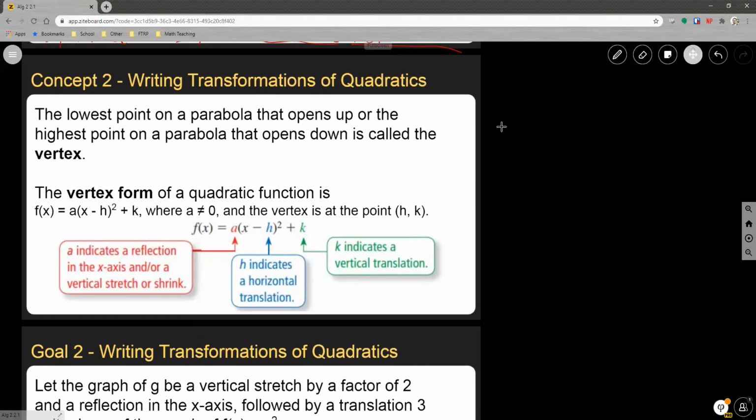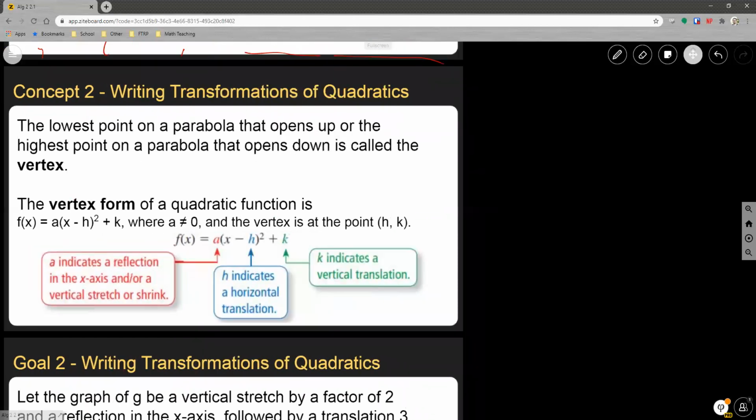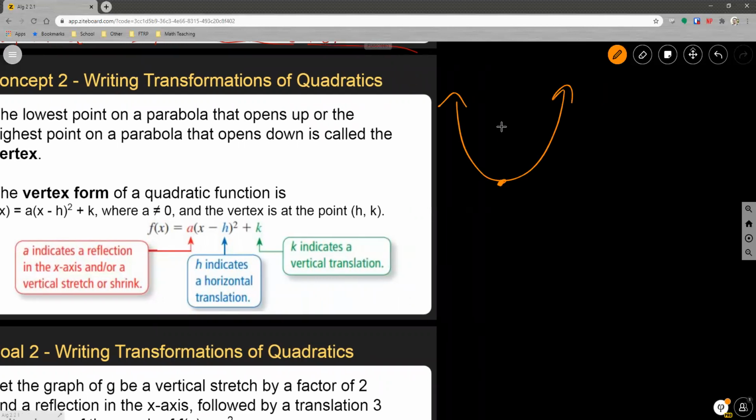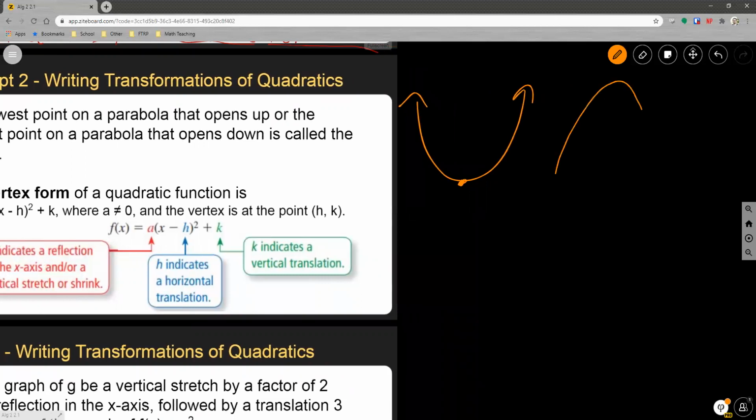So the lowest point on a parabola which opens up, what we mean by that is if I've got a parabola that looks like this, it has a lowest point right down here. Or the highest point on a parabola that opens down. Opening down means the arrows are pointing down, and the highest point will be up there.